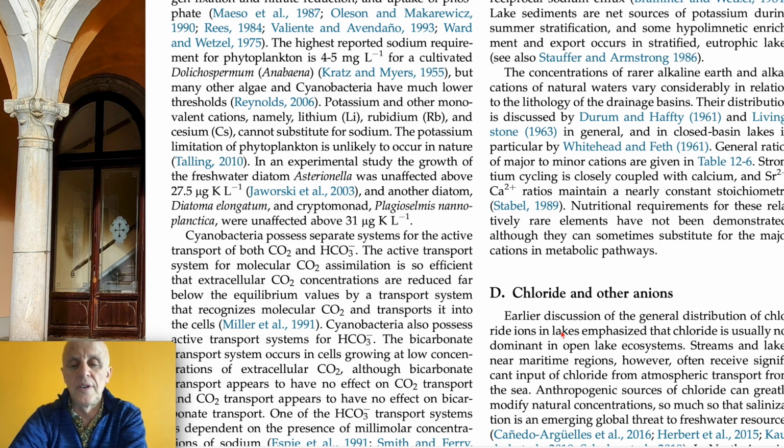In an experimental study, the growth of the freshwater diatom Asterionella was unaffected above 27.5 micrograms per liter, and other diatoms, Diatoma elongatum and the cryptomonad Plagioselmis nannoplanctica, were unaffected above 31 micrograms per liter.